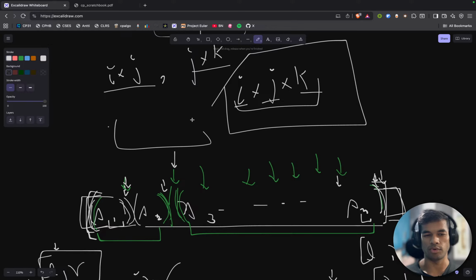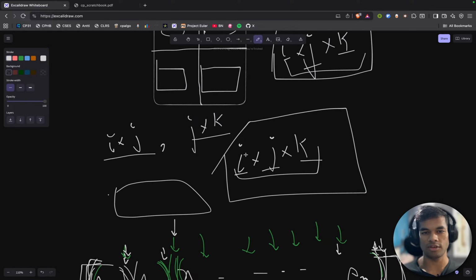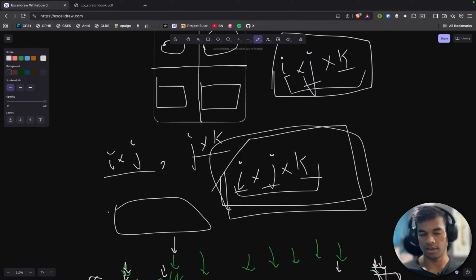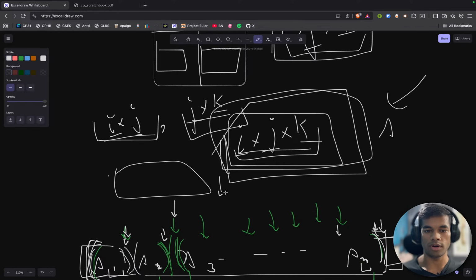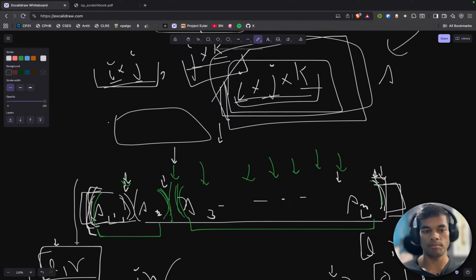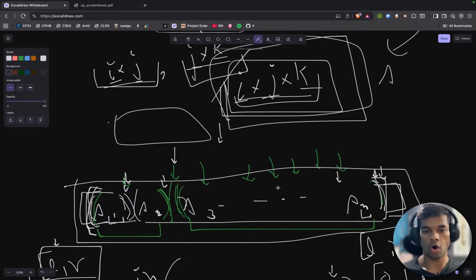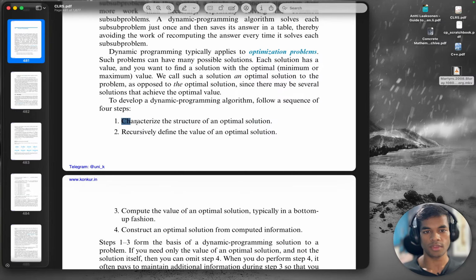The optimal solution would involve the least number of scalar multiplications, where the number of scalar multiplications of 2 matrices is defined by this: the first matrix has dimensions i by j and the second matrix has dimensions j by k, and the total number of scalar multiplications is going to be i into j into k. And we want that to be minimum in our whole order of matrices, so that is how we defined what our optimal solution would look like.